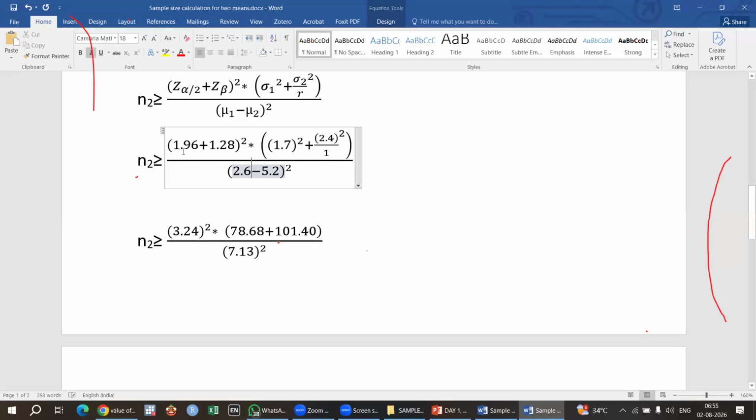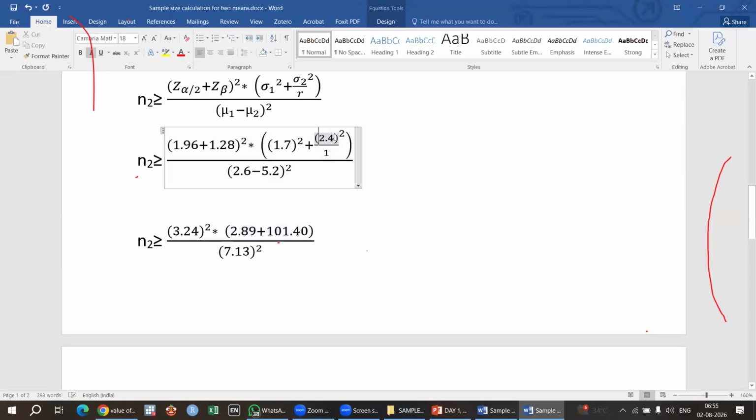Then what do we have to do? We have to calculate this. Please add this and this. You will get 3.24. And please do 1.7 multiplied by 1.7. Please write down and give me the answer. 1.7 multiplied by 1.7 is 2.89. Now 2.4 multiplied by 2.4, because it is a square.